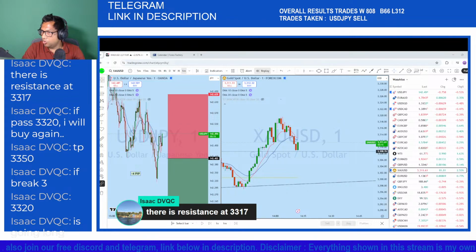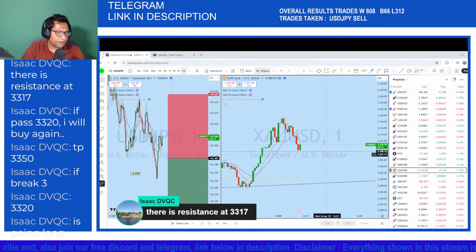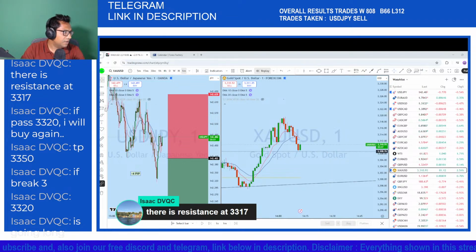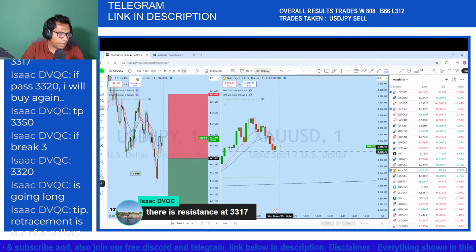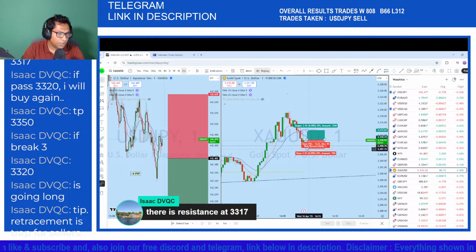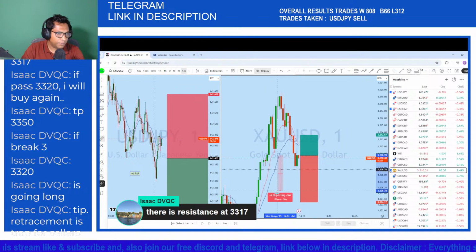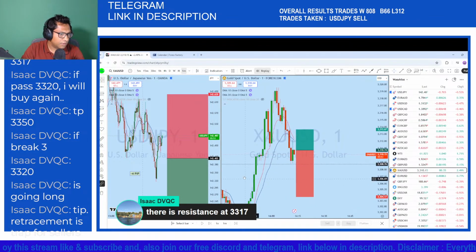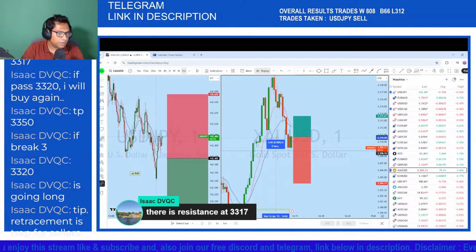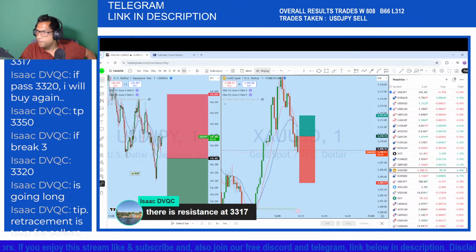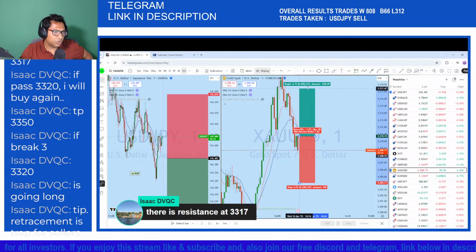And in gold, I will be opening a buy in that area here, keeping my stop loss. So this is a sharp possible bounce, so I will be opening a buy here on gold, stop loss below this low here, so we'll be around 64 pips stop loss, targeting this top.